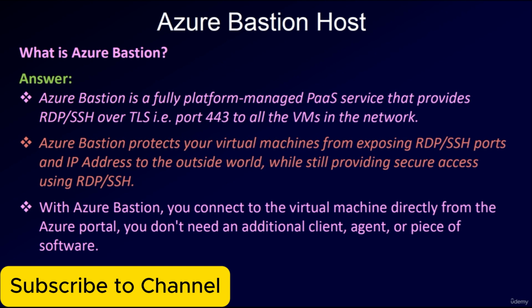Azure Bastion protects your virtual machines from exposing the RDP and SSH ports and other IP addresses to the outside world, while still providing secure access using RDP and SSH. And you connect to Azure Bastion using a web browser. With Azure Bastion, you connect to the virtual machine directly from the Azure portal, and you don't need any additional client or agent or piece of software to run it.